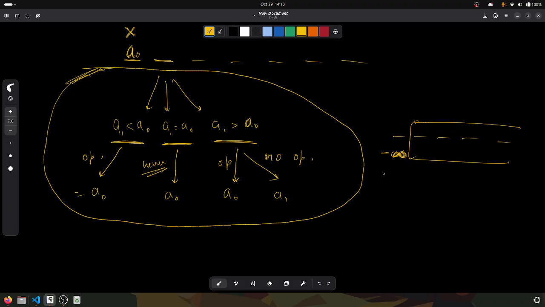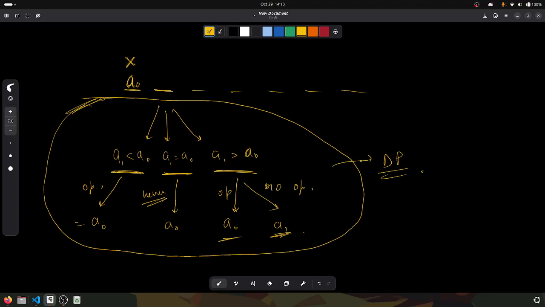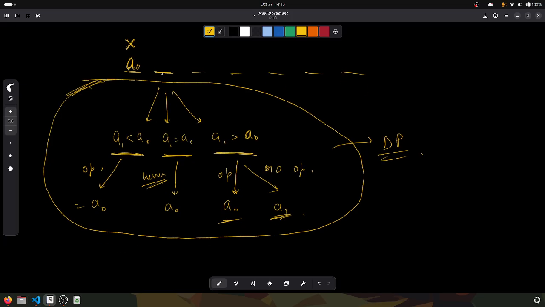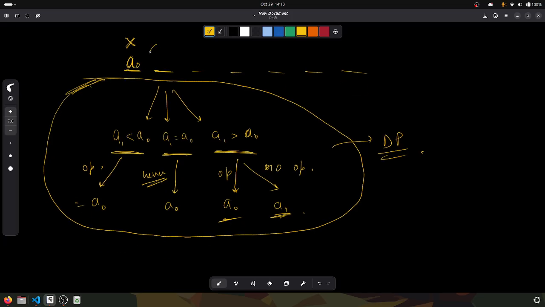So how can we solve this problem? We see that we are making choices, so we will have to use some kind of DP. Okay. And to find the answer for this array, the only value that you are concerned with is the last value, right?